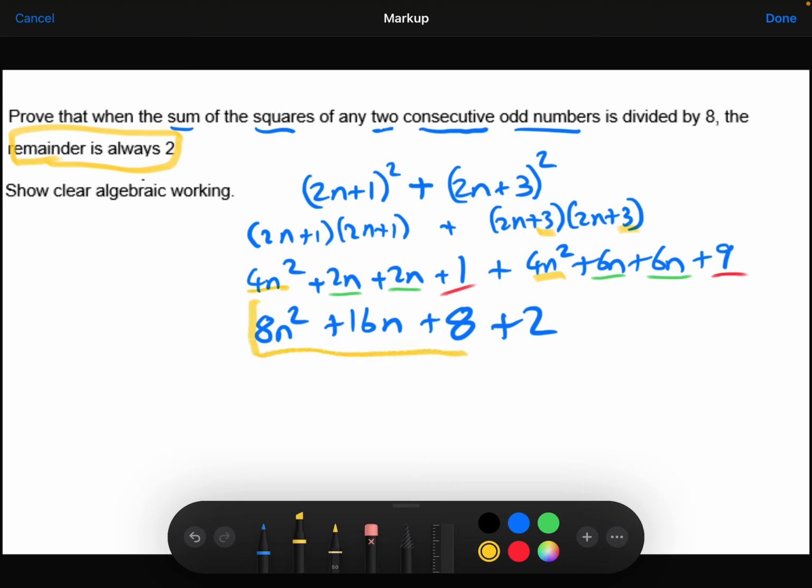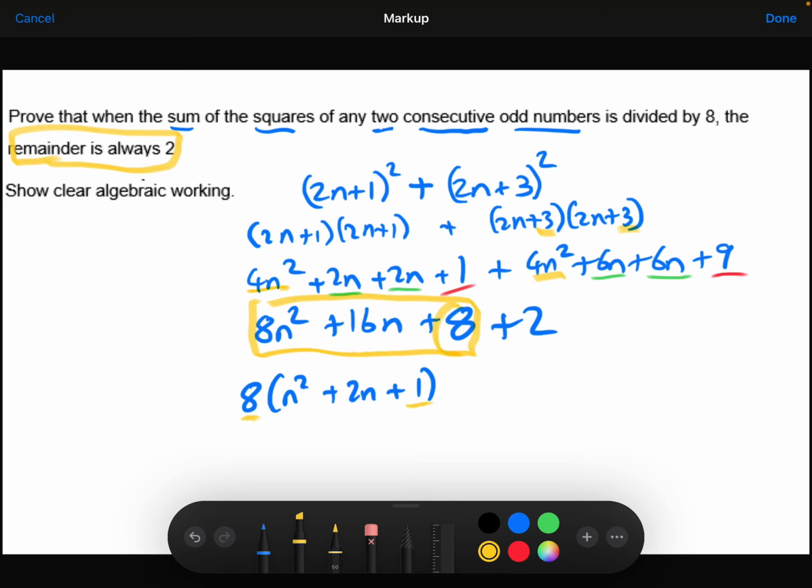Because I can now say that all of this is divisible by 8, I can factorise an 8 outside there. The 8 times the n squared is the 8n squared. The 8 times the 2n is the 16n.